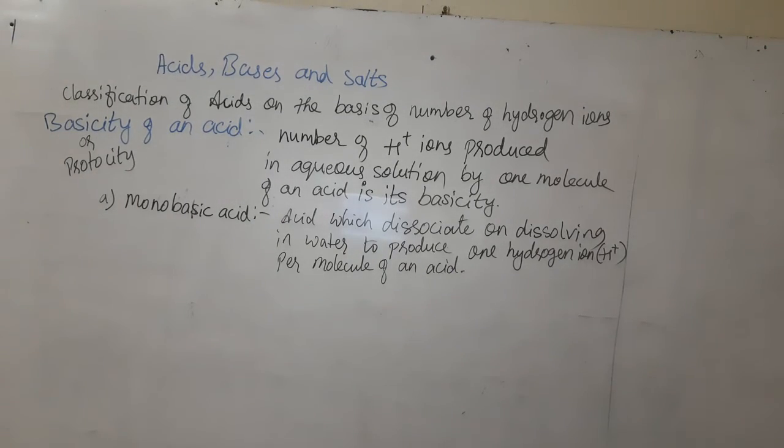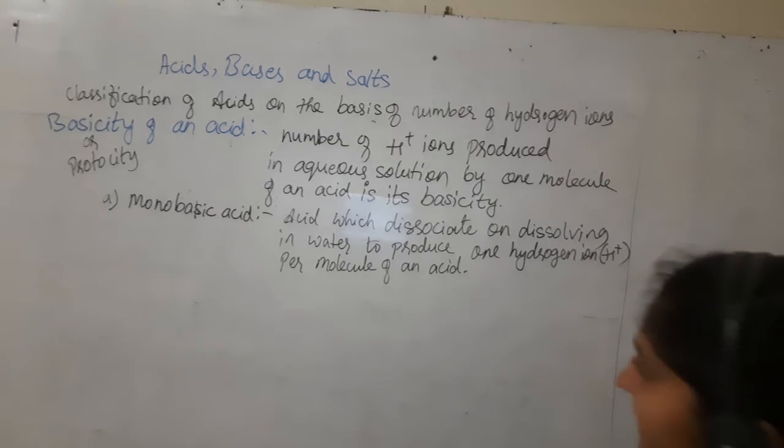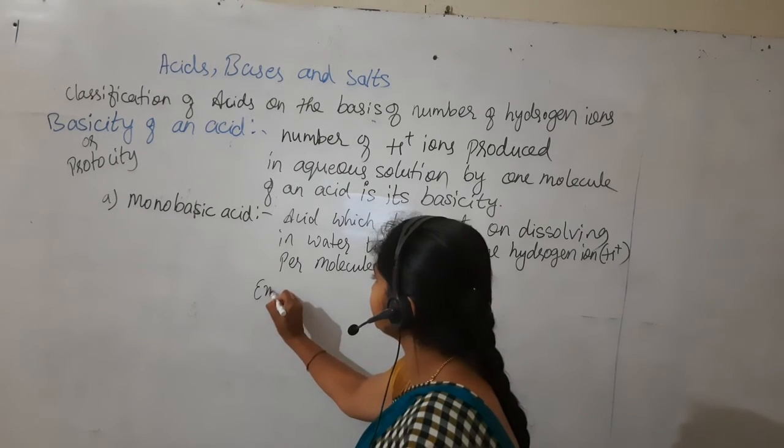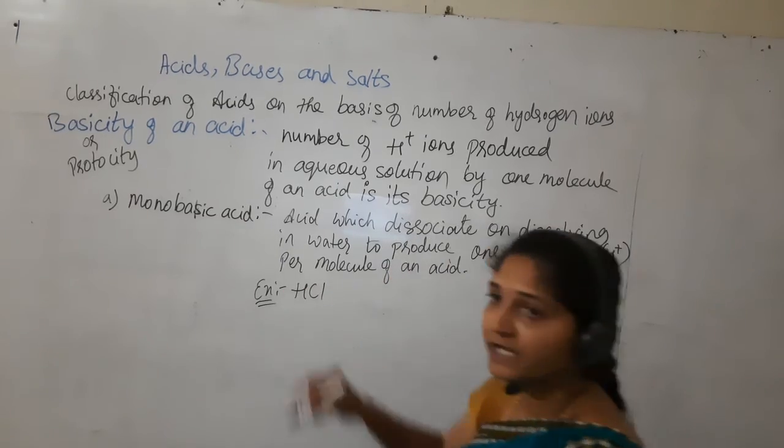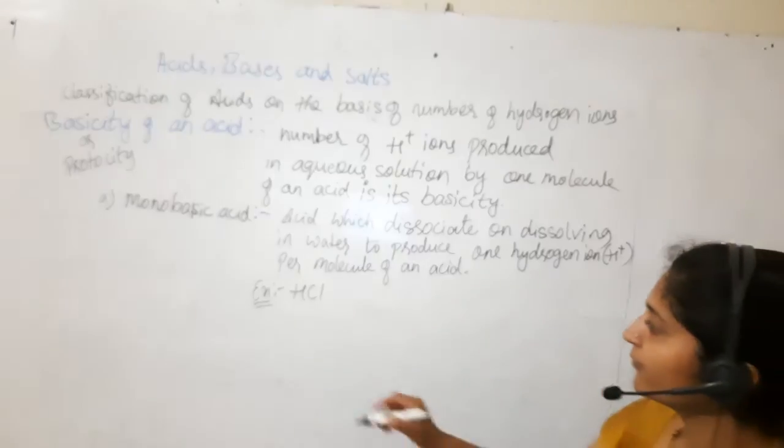So children, you get that? What are monobasic acids? Acids which dissociate on dissolving in water to produce one hydrogen ion per molecule of an acid. Then example, HCl. How many H plus ions are there? 1.